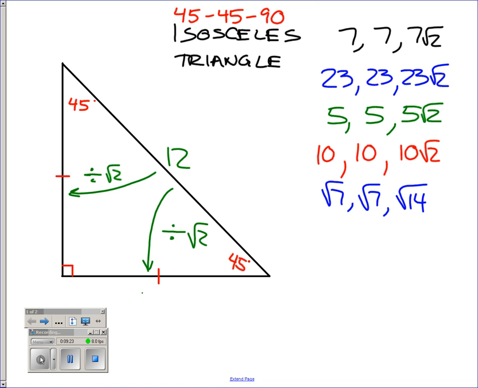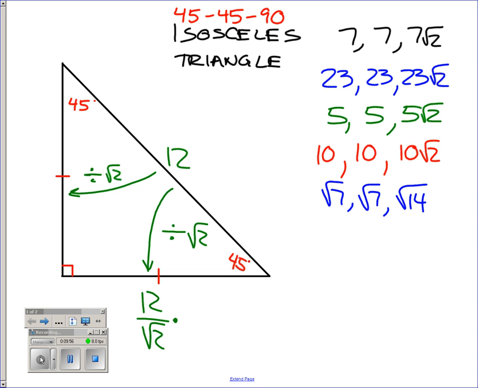I'm going to write here 12 divided by the square root of 2. We can't leave this number as the final answer, because our final answers can never have radicals in the denominator, right? The only thing that we're allowed are integer values when we're dividing. So how do I undo that square root of 2? Well, I've got to square it, because it's a square root, which means you multiply that number by itself.